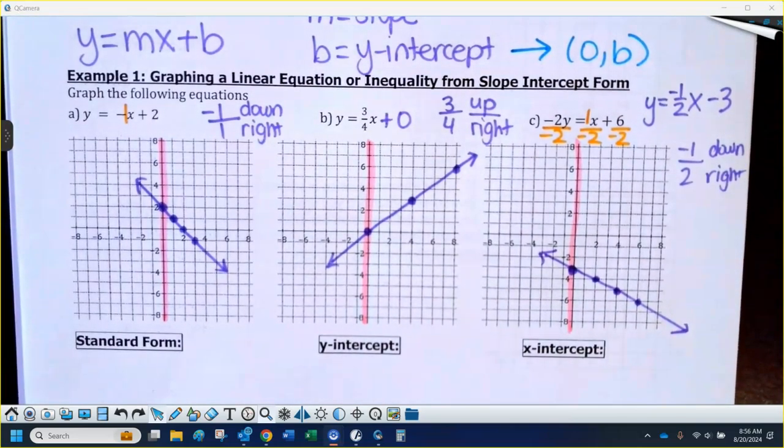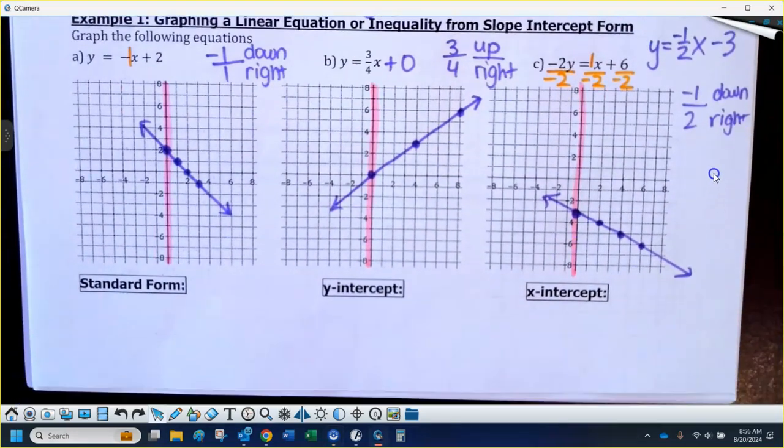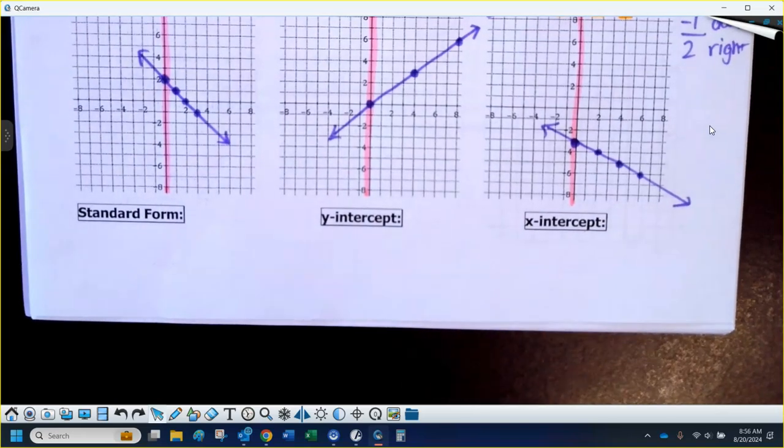Is anybody having a question about graphing in slope-intercept form? Okay, now I don't have any on this page. Does anybody know what the standard form for a linear equation looks like? Do you guys remember this? It's not the y minus y1 equals slope times x one. That's a different one. We'll do that tomorrow.